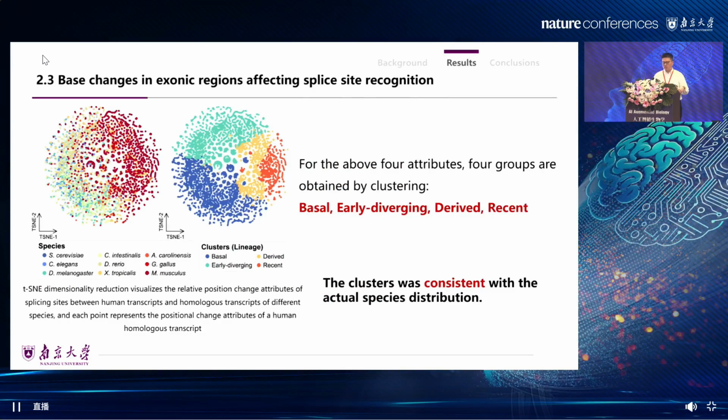And by clustering these position changes, we could stratify all human transcripts into 4 evolutionary categories, from basal to recent lineage. This clustering beautifully matches the known phylogenetic relationships, confirming that splice site positions have been very actively remodeled throughout evolution.